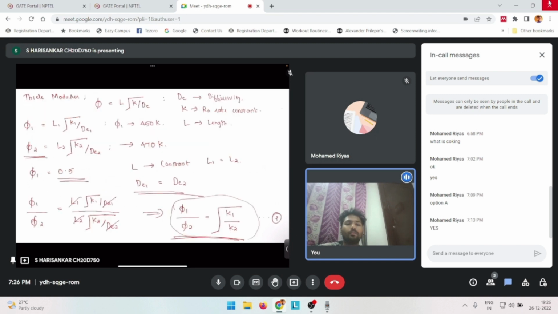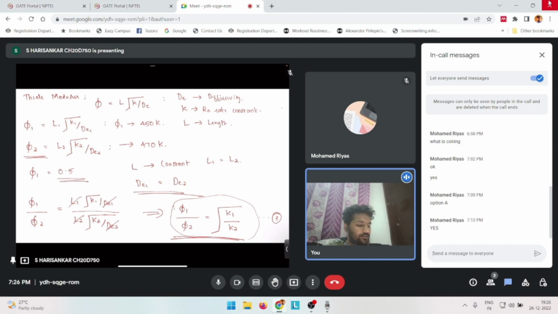And basically what we did is we took the ratio of Thiele modulus at 450 Kelvin and 470 Kelvin. And because of the diffusivity being independent of the temperature, it will get cancelled out. The length is also constant, so L1 and L2 will also get cancelled out. And finally we will get the ratio of Thiele modulus phi1 by phi2 as root of K1 by K2.